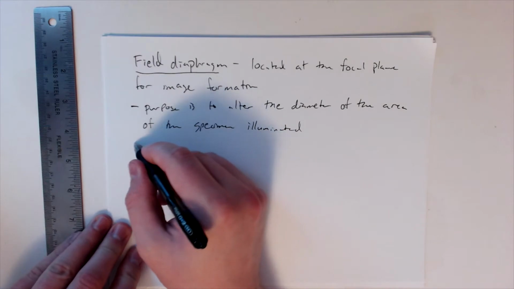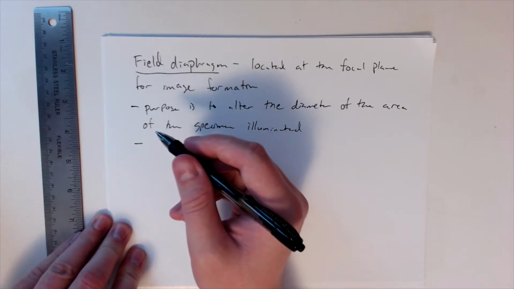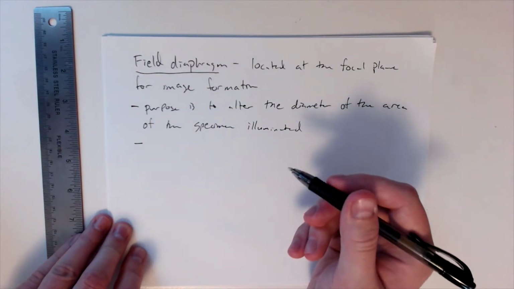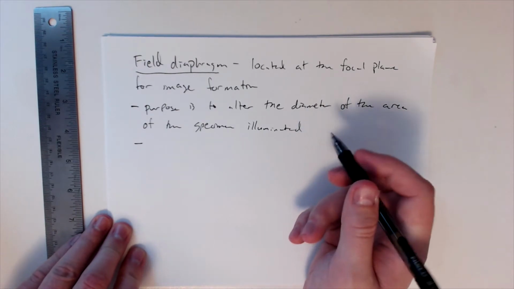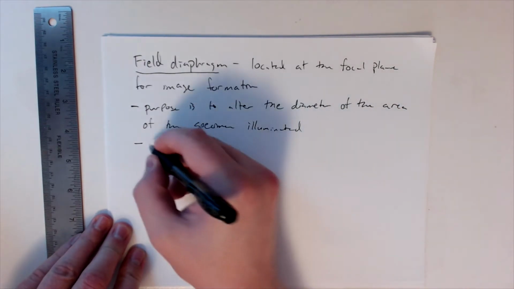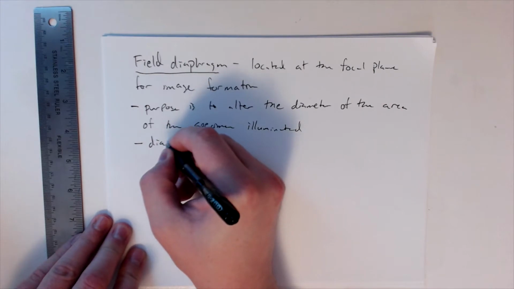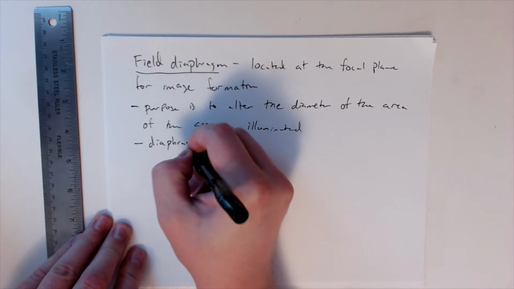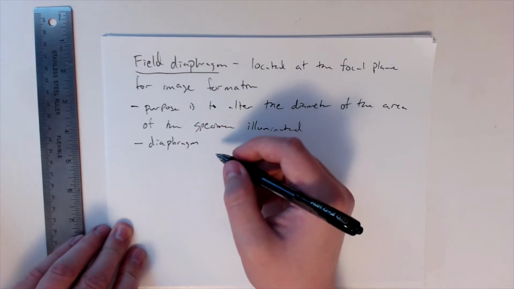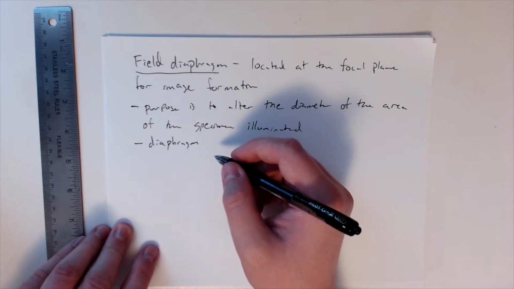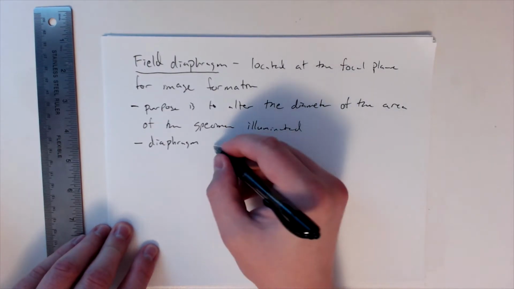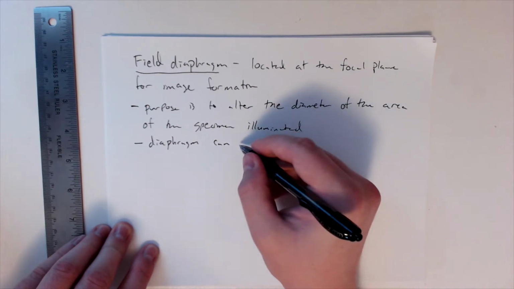So if you're looking at the image and you see a diaphragm, so if you see something in the image itself restricting the view, then this is the field diaphragm.